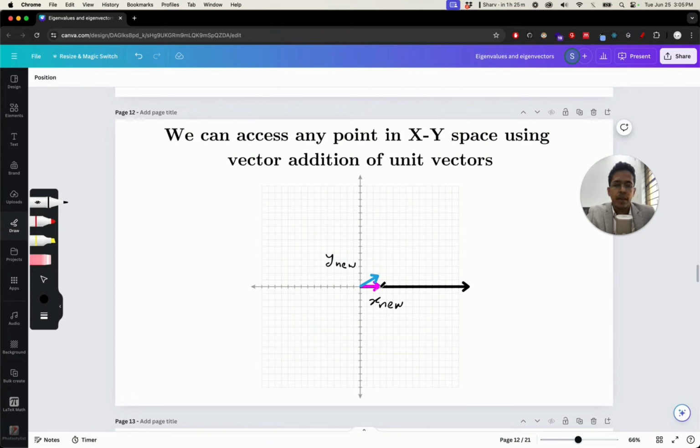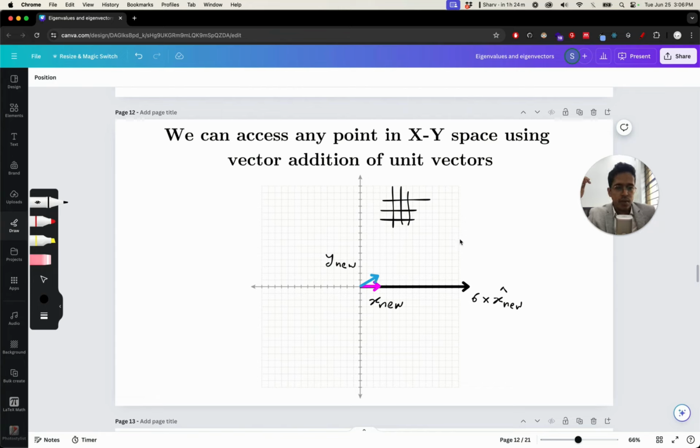Along the pink, let's say this is 6 times x new, and this is not at all oriented along this axis. So now you have to imagine that although I have this kind of a grid here, because the new vectors that are the axes of my new space are x new and y new, my grid would actually look something like this.